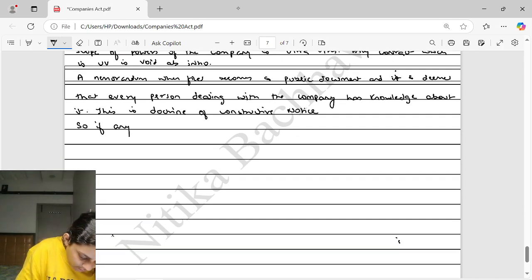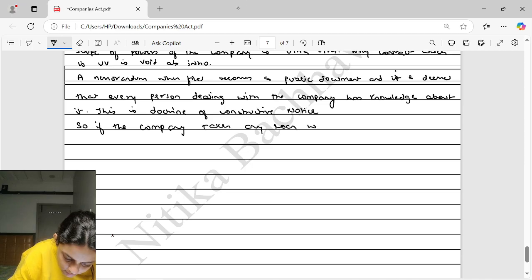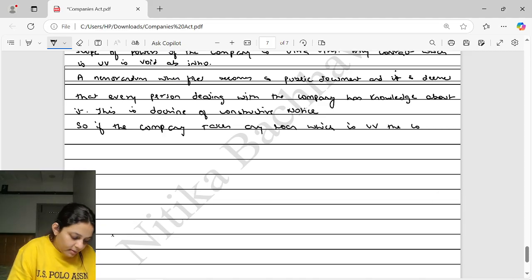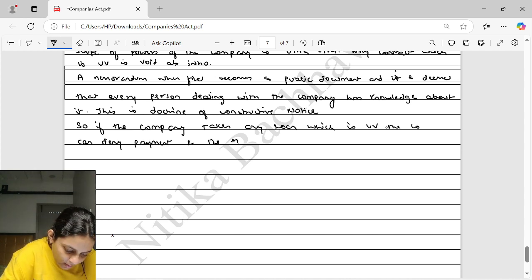So, if the company takes any loan which is ultra vires, the company can deny payment and the third party cannot recover it.